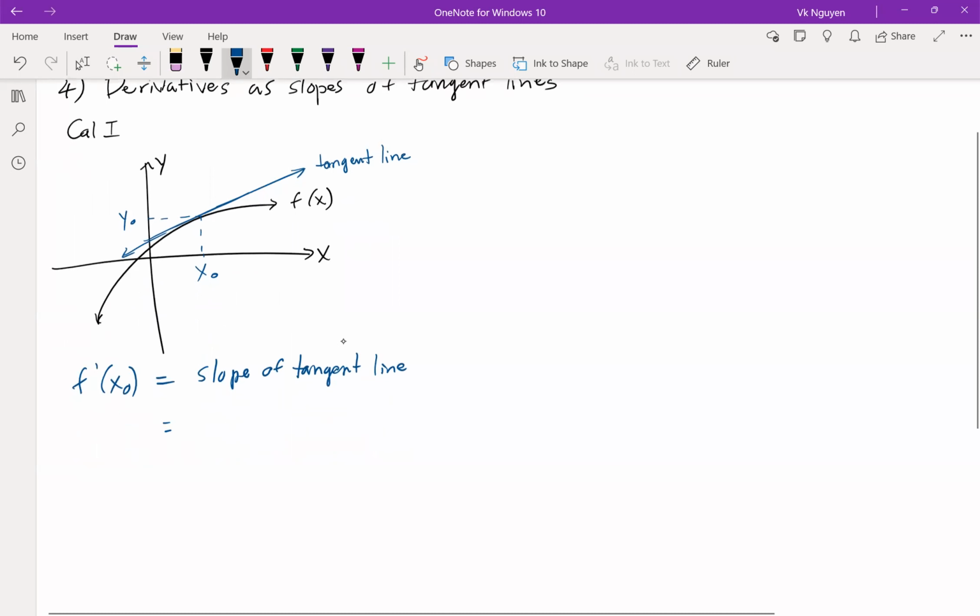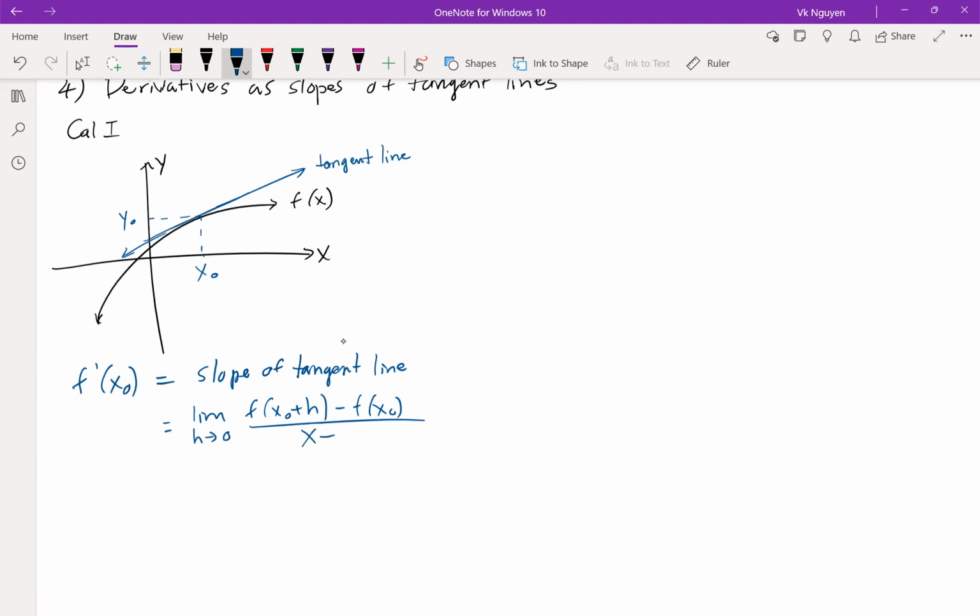And the slope of the tangent line is the limit as h goes to 0 of f(x naught plus h) minus f(x naught) over h. And it is the same as the limit as x goes to x sub 0 of f(x) minus f(x naught) over x minus x naught. So that's what we learned from Calculus 1.